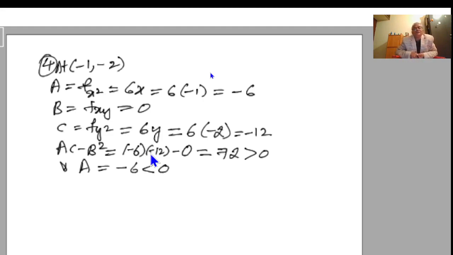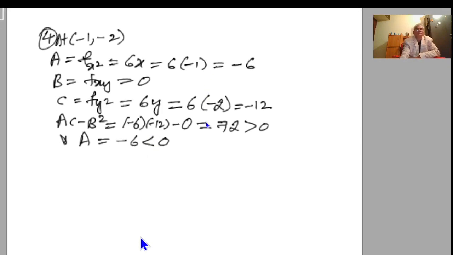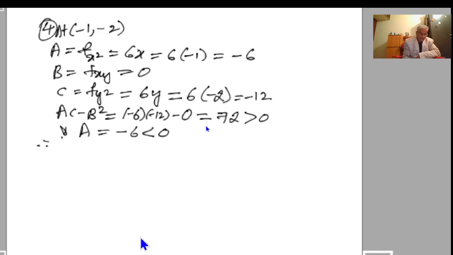So here we have AC minus B square greater than 0 and A less than 0. Therefore, the function has maximum at the point minus 1, minus 2. So f of x comma y has maximum at minus 1, minus 2.